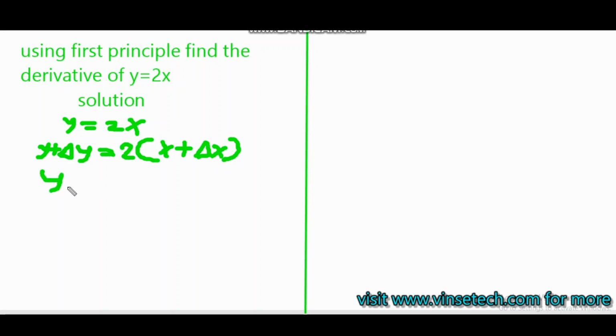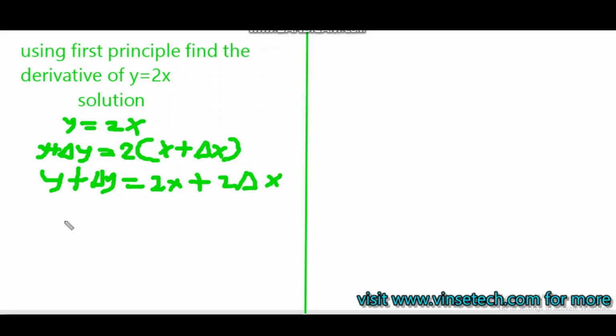So the next thing you have to do is open the bracket. So we now have y plus change in y is equal to, right now you open the bracket, 2 multiplied by x, you have 2x plus 2 multiplied by delta x, you have 2 delta x.